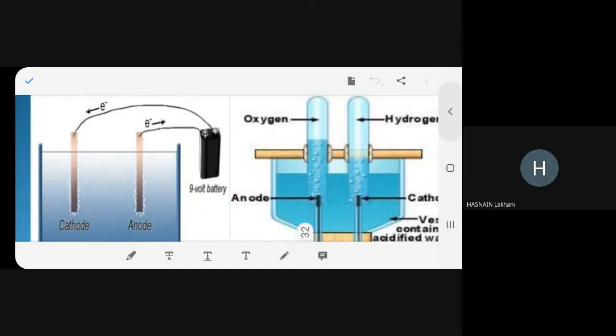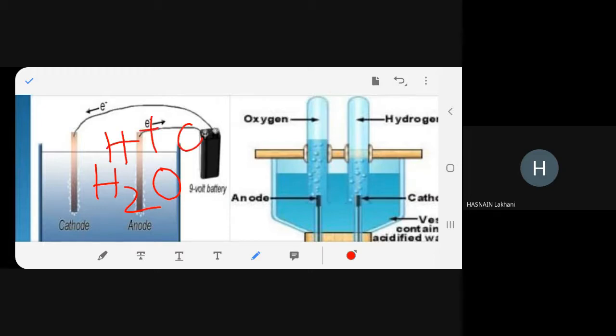So, what is happening? The water is made up of H2O. H becomes plus and oxygen becomes minus. So, where will the minus go? Minus will go to the anode and plus will go to the cathode.